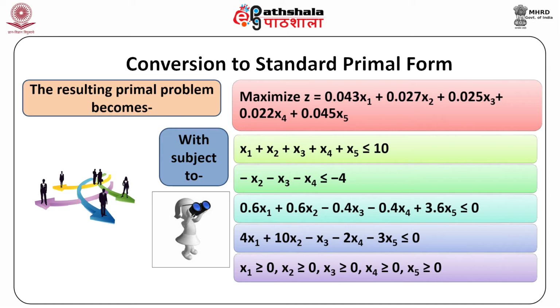The resulting primal problem becomes: maximize 0.043x1 + 0.027x2 + 0.025x3 + 0.022x4 + 0.045x5 subject to the constraints x1 + x2 + x3 + x4 + x5 ≤ 10, -x2 - x3 - x4 ≤ -4, 0.6x1 + 0.6x2 - 0.4x3 - 0.4x4 + 3.6x5 ≤ 0, 4x1 + 10x2 - x3 - 2x4 - 3x5 ≤ 0, and all x1, x2, x3, x4 and x5 ≥ 0.